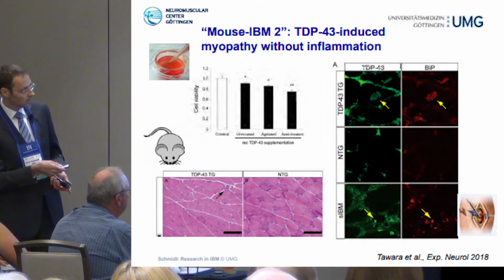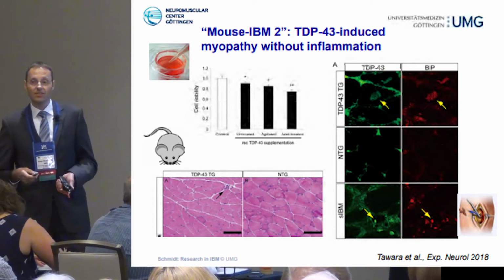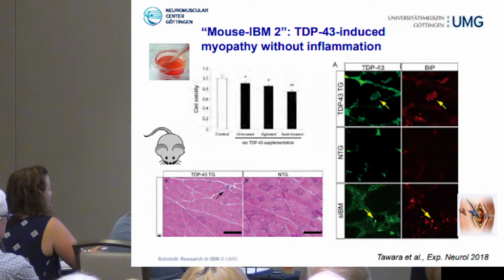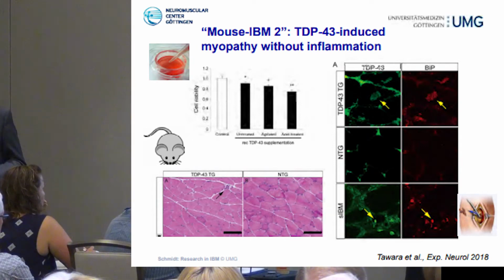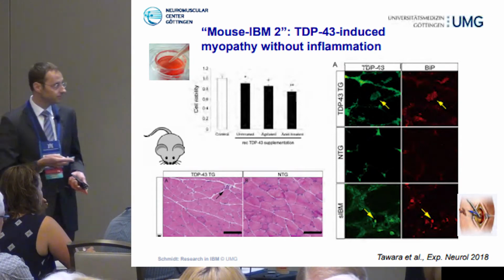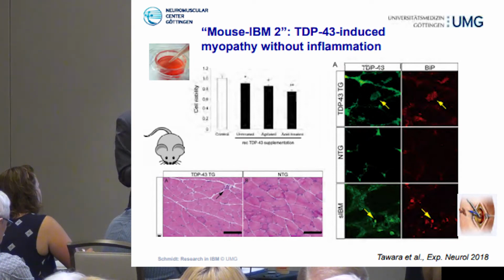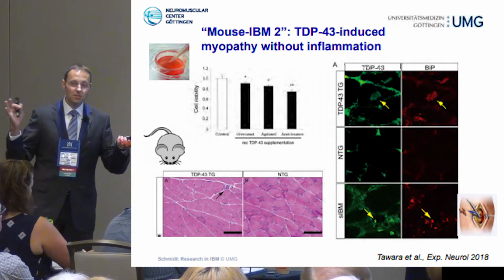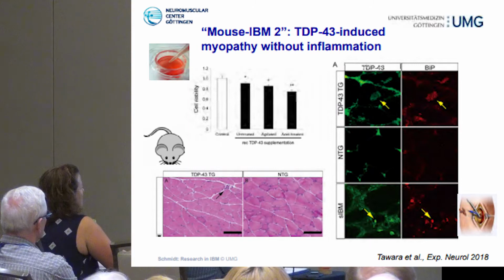And then in the last panel down here, they compared the same stainings with samples from Inclusion Body Myositis patients, and they found a similar staining pattern. So you could call this mouse and the previous mouse an IBM-similar model, but again, no information.